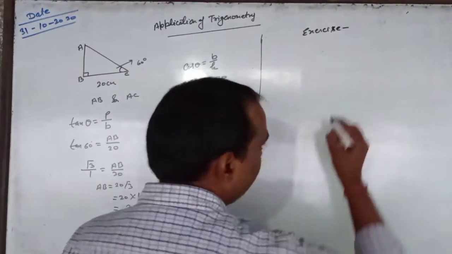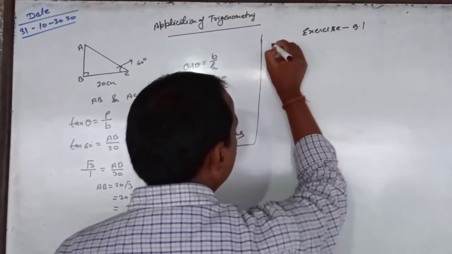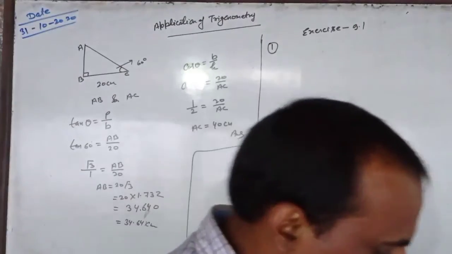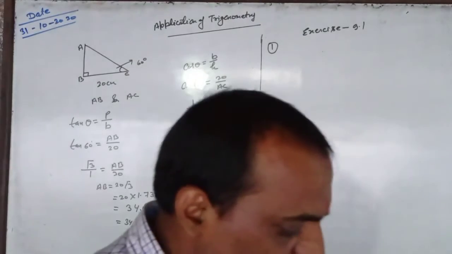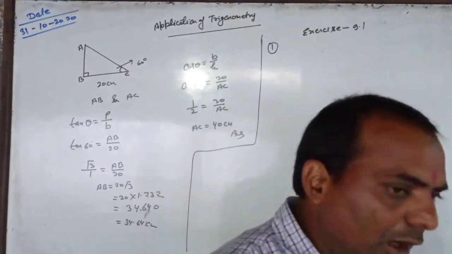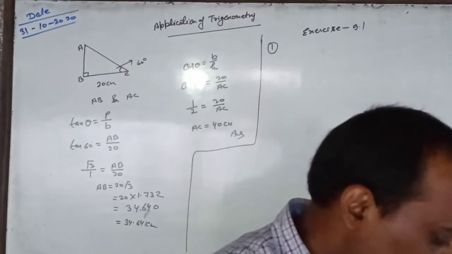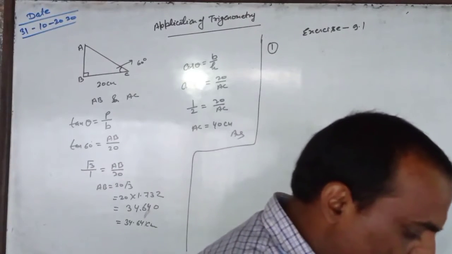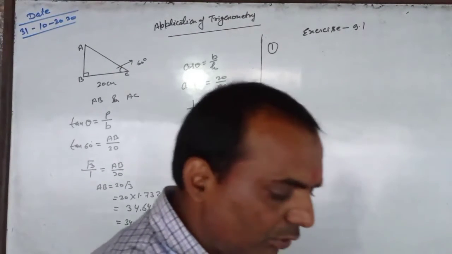It is exercise 9.1, question number 1. A circus artist is climbing a 20-meter long rope, which is tightly attached and tied from the top of the vertical pole to the ground.